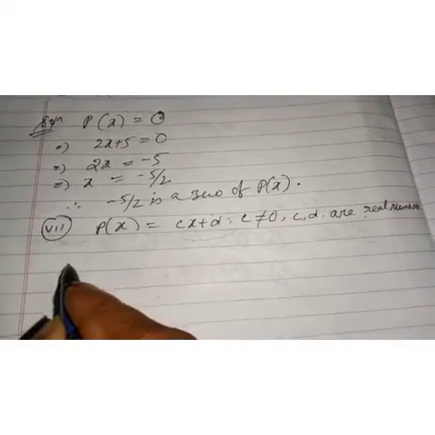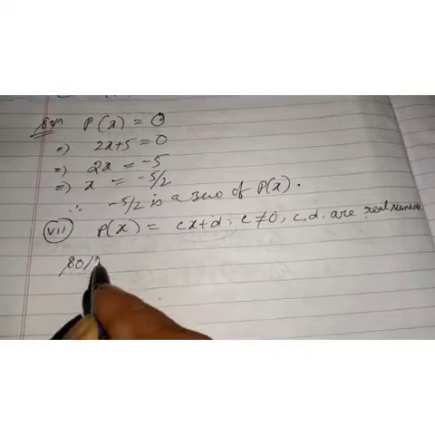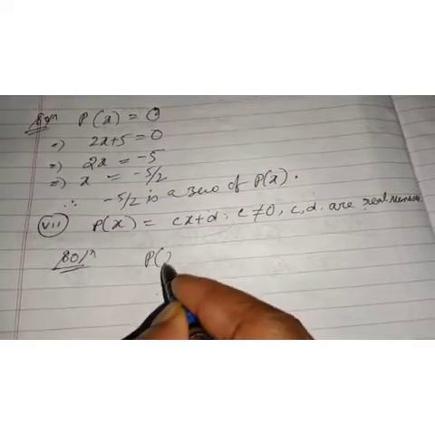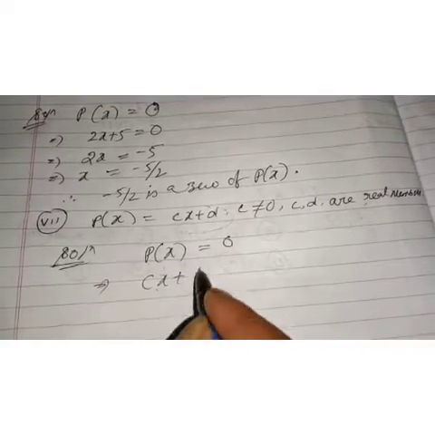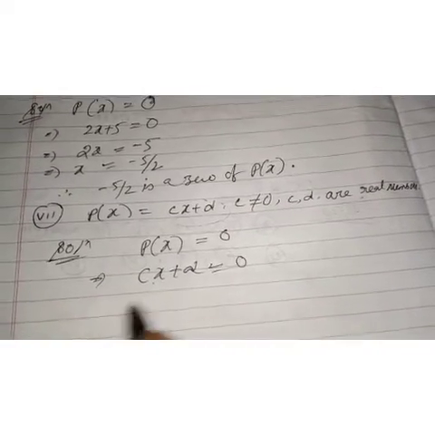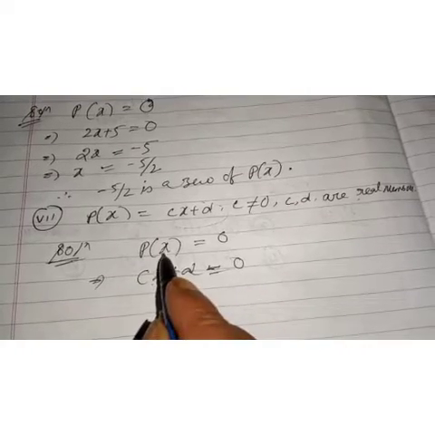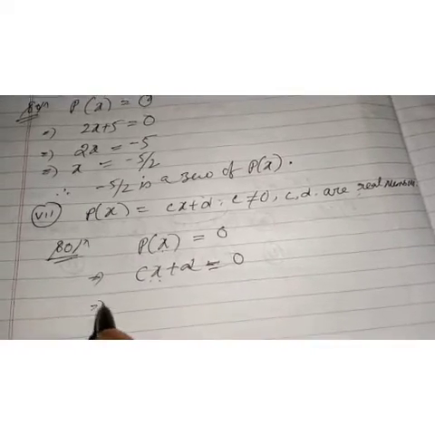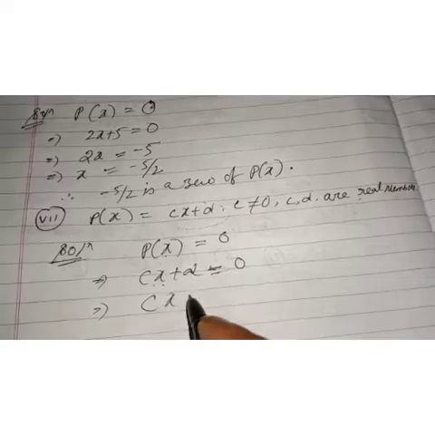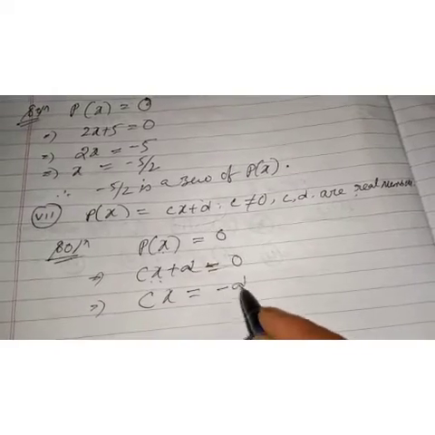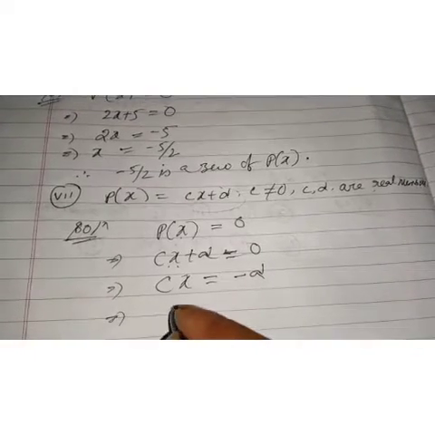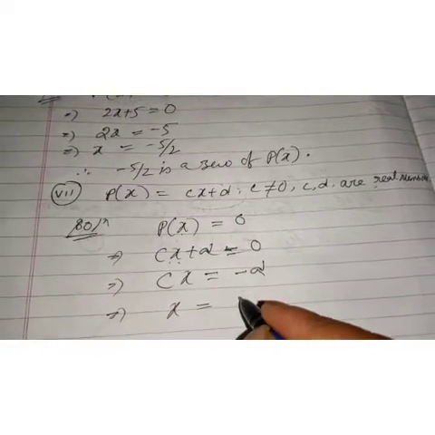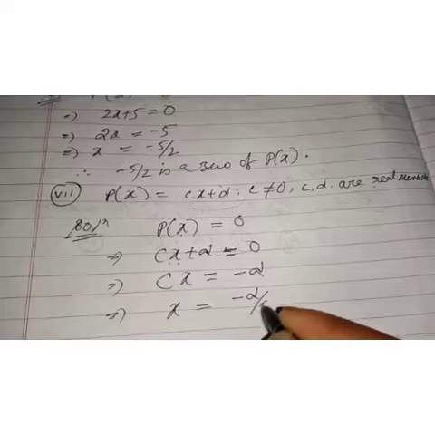The same rule we can use: p(x) is equal to 0, then cx plus d is equal to 0, since the value of p(x) is cx plus d. Now find the value of x. cx is equal to minus d. Then if you transfer c to the right hand side, you will get minus d by c.